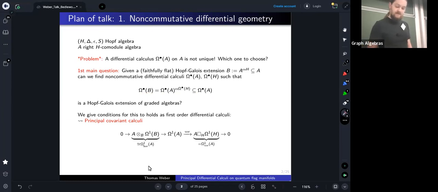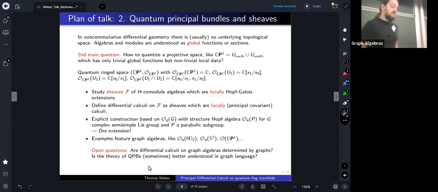Okay, this is the first part. For the second part, we will look at the following problem. Usually in quantum differential geometry, we don't have an underlying topological space. We just view algebras and modules as, let's say, global functions or sections.